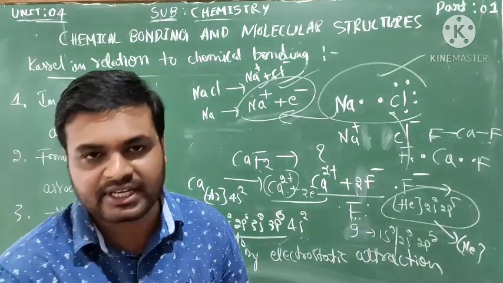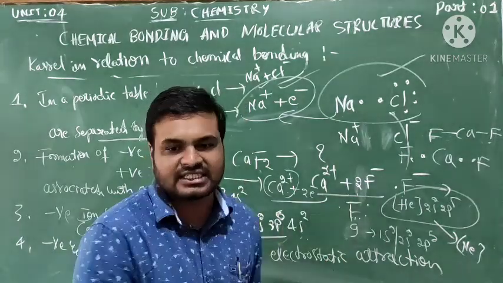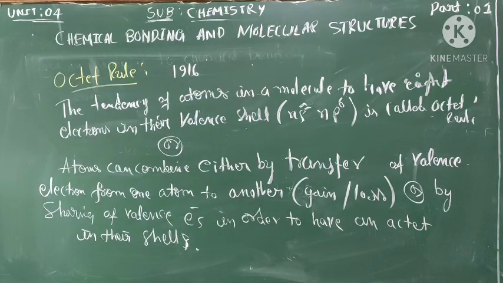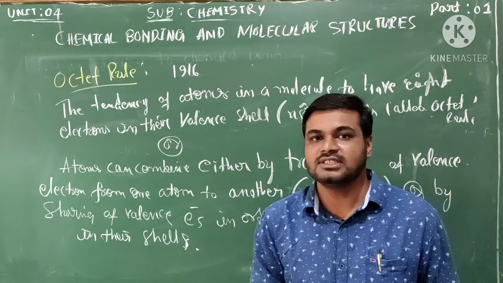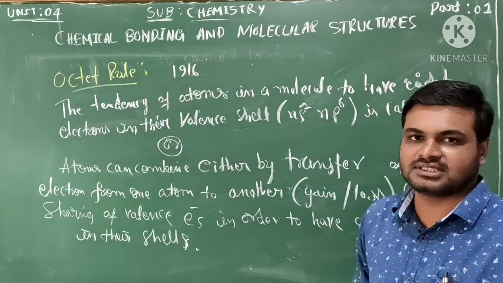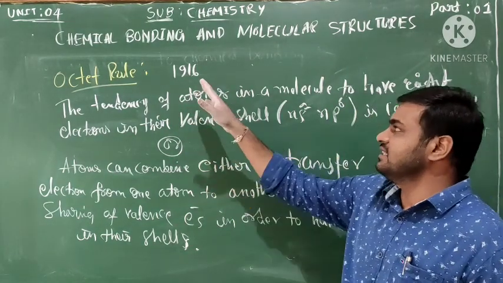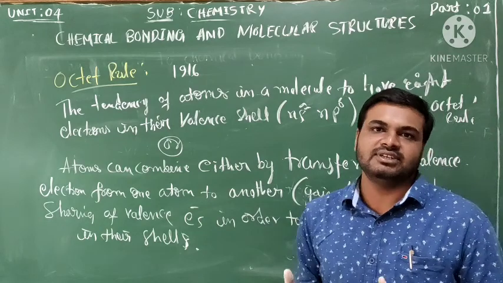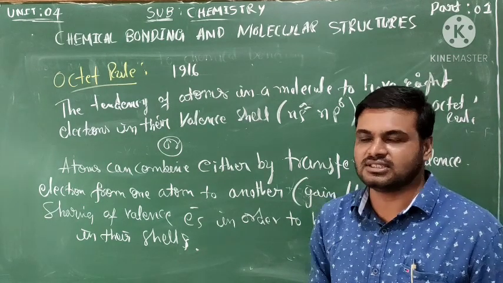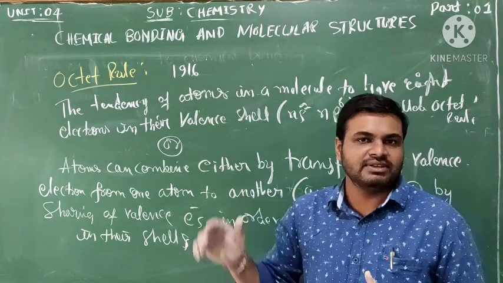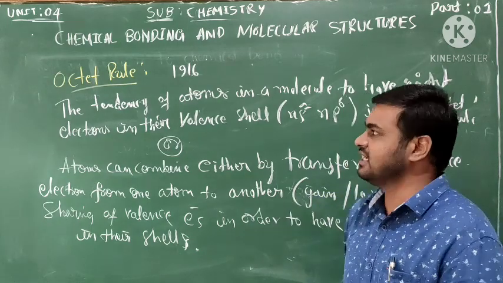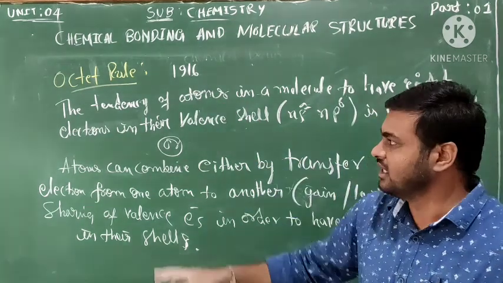Clear? Okay. Next, one more important topic is the octet rule. Students, the octet rule is very important. In 1916, Kossel and Lewis, two scientists, established this octet rule.